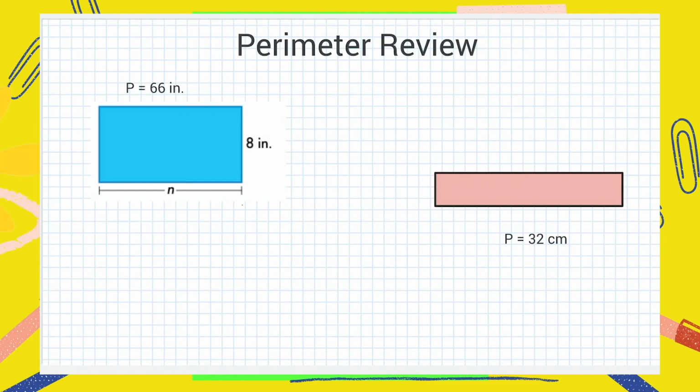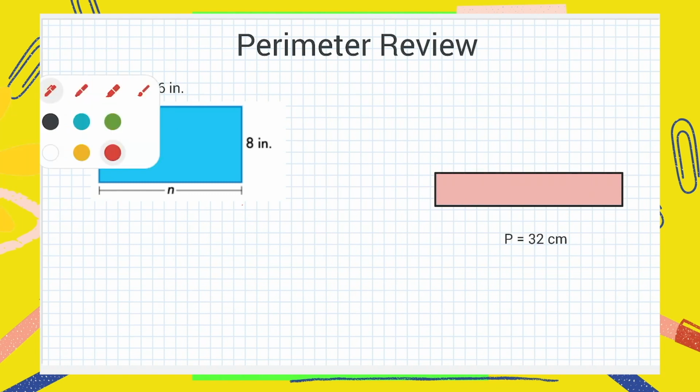Okay, let's review perimeter. Let's take a look at this first blue rectangle. Remember from last week, the perimeter is the total distance around an object, or the sum of all of its sides. Let's take a look at this first problem.